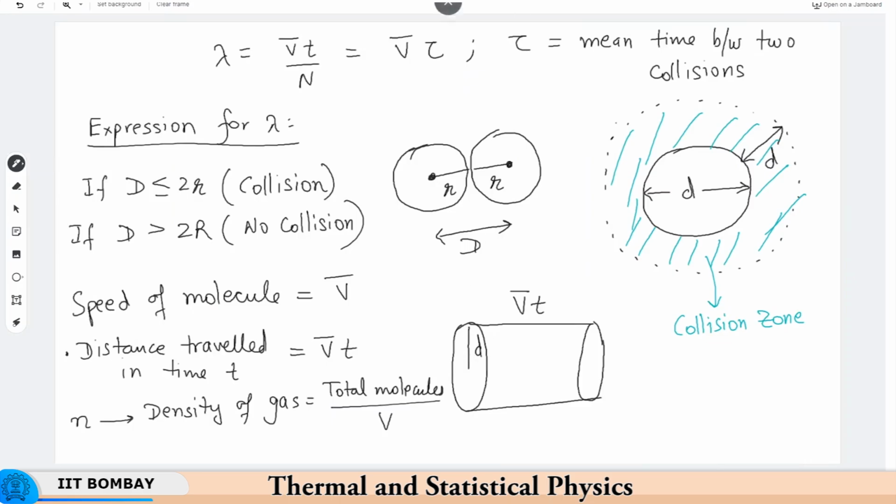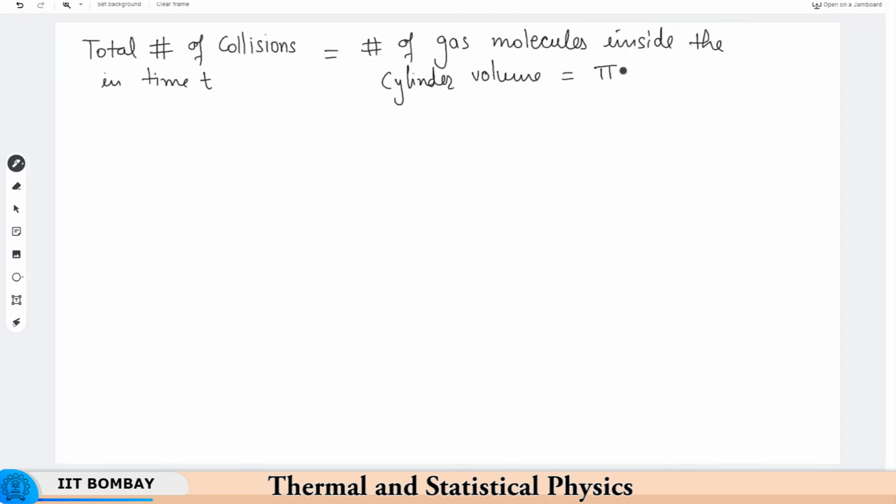So, r is d, so this is pi times d squared times V times t. This is the volume, and multiply this by n, that will be the total number of gas molecules inside this volume. So, this is the total number of collisions that this molecule has undergone in time interval t.